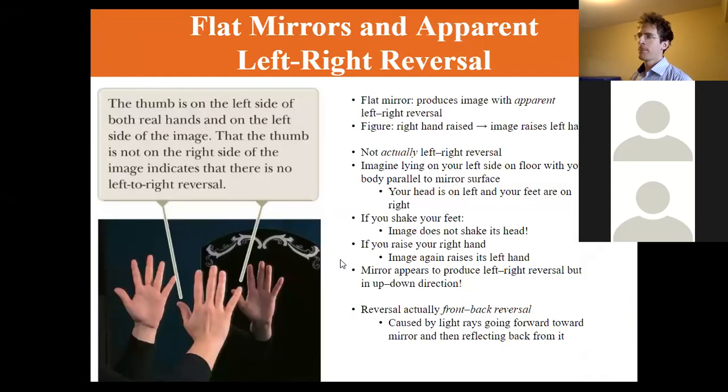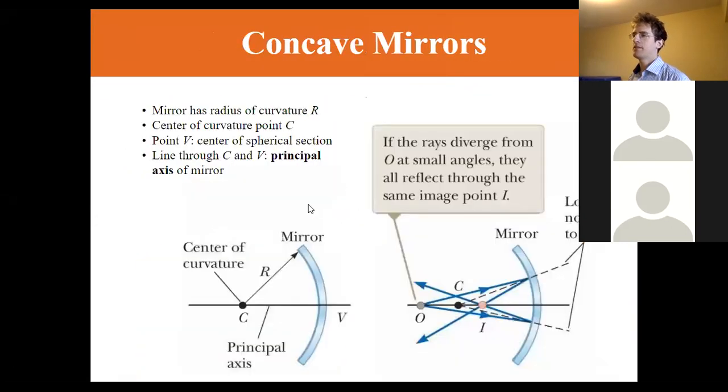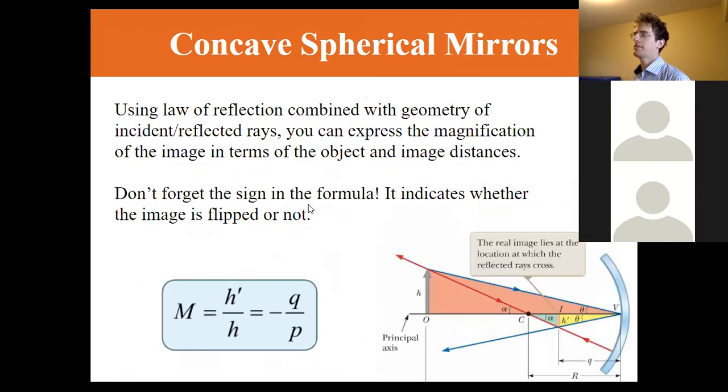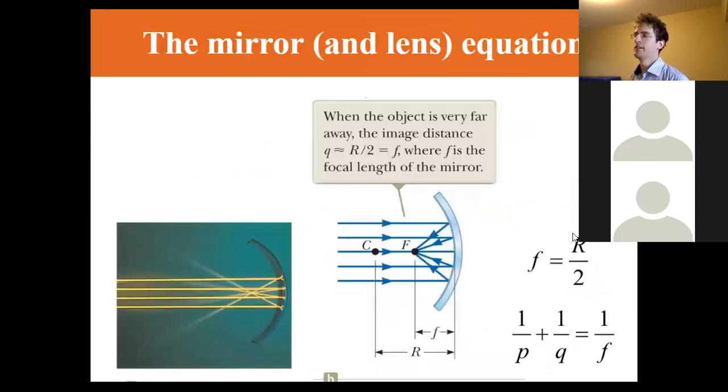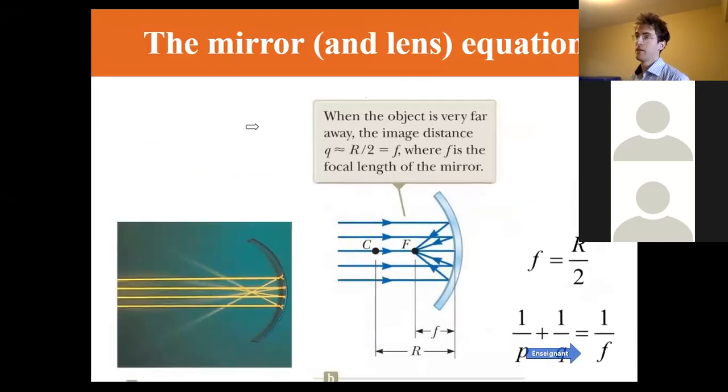So for mirrors and lenses, you have a formula that tells you how to locate where an image is created based on the position of the object, and you also need to know the focal length of the mirror. You have to be careful though, because normally the object distance p is a positive number, but the focal length and the image distance that you get can be negative or positive depending on what side of the mirror or lens they're on.